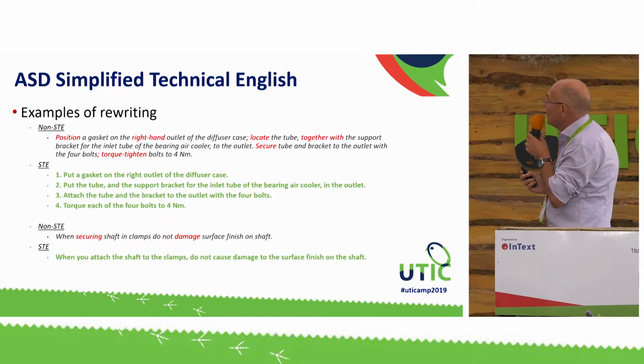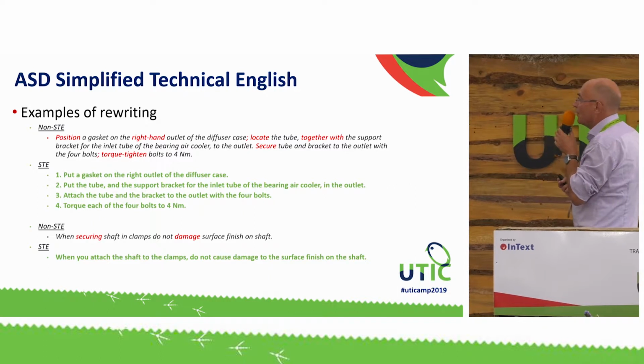And then the second: put the tube and the support bracket for the inlet tube of the bearing air cooler in the outlet. Attach the tube and the bracket to the outlet with the 4 bolts, and torque each of the 4 bolts to 4 Newton meters.